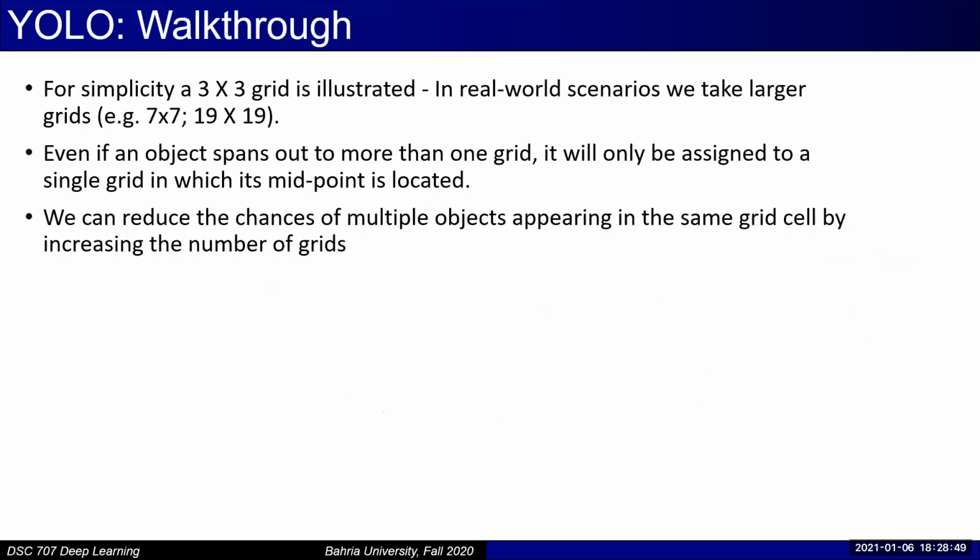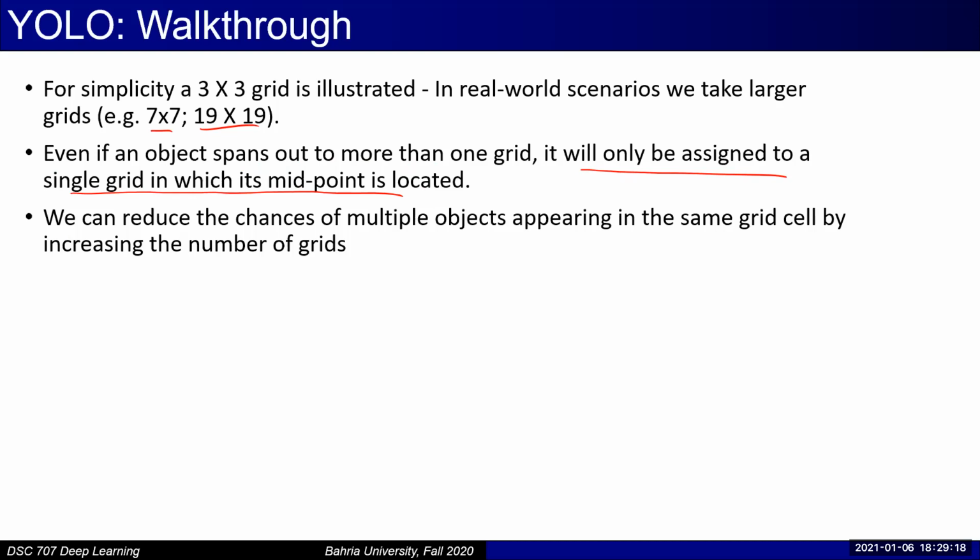Now, as I told you, we are doing this example in a very simplified way to understand how it works. But practically, you will take a much larger grid like 7 by 7, 19 by 19, and so on, right? And this is an important point which I will keep repeating, that if an object is contained in more than one cell, it will only be assigned to a single cell in which the midpoint is falling, right?